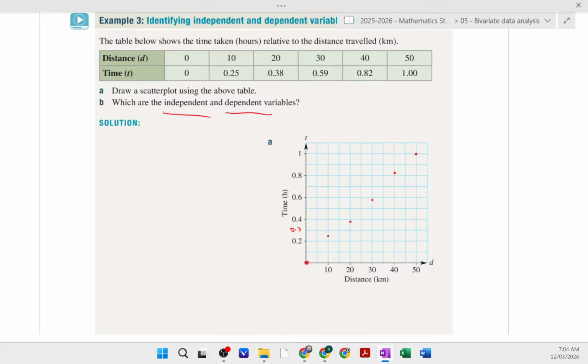So in this particular case, the independent variable is distance, and we put that one on the horizontal axis.